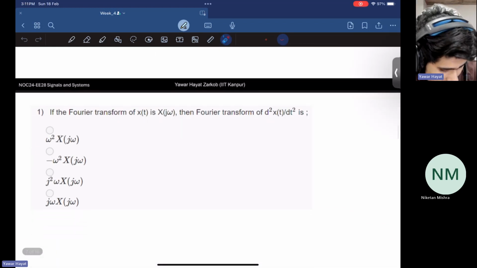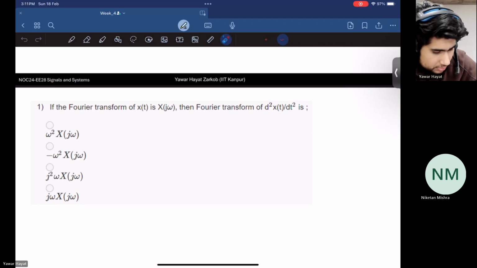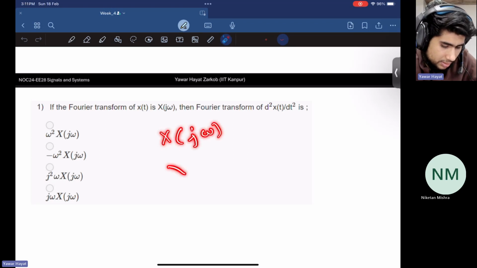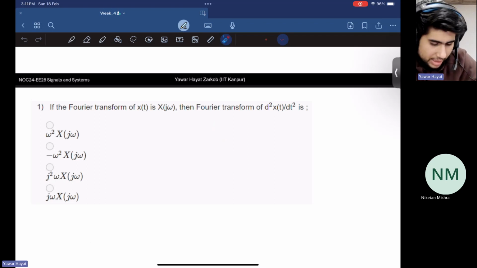Now with that, we can start with the first sample question of today's session. If the Fourier transform of x of t is x of j omega, whether I write x of j omega or x of omega is one and the same thing. I'm just writing x of j omega as x of omega for simplicity.